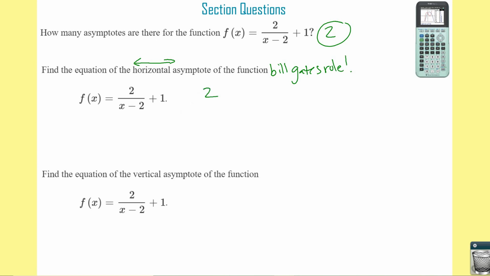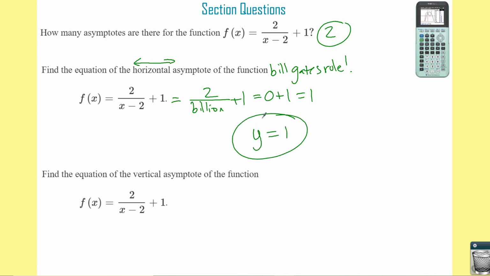So 2 over, well, a billion, because again, if I drop $2, who cares? So 2 over a billion plus 1, well, that's just practically nothing, right? So 0 plus 1, so my horizontal asymptote should be at y equals 1.